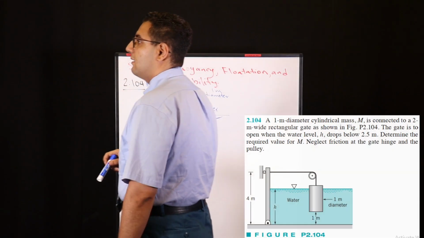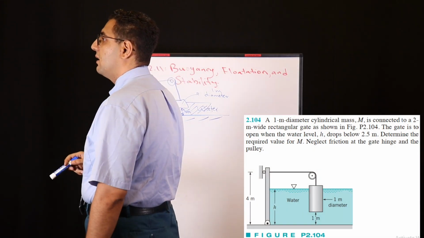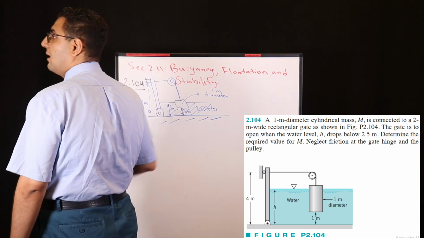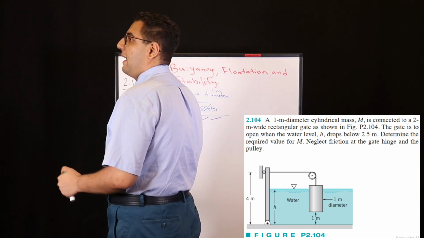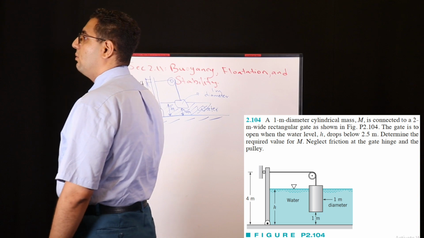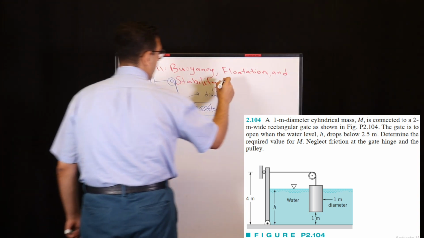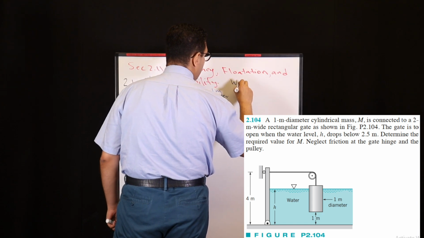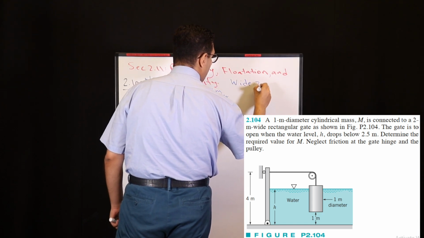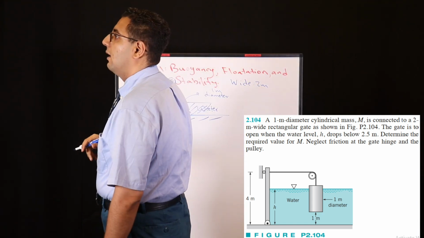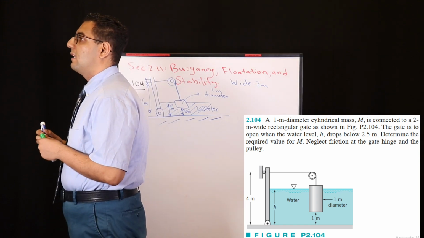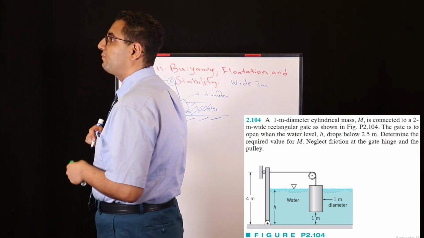The question is: a 1 meter diameter cylinder with mass m is connected to a 2 meter wide rectangular gate, as shown in this figure.